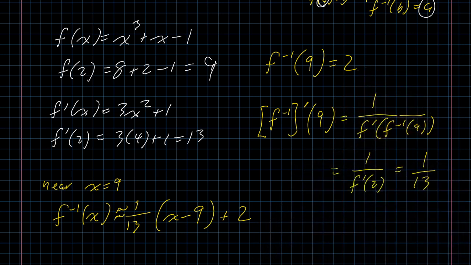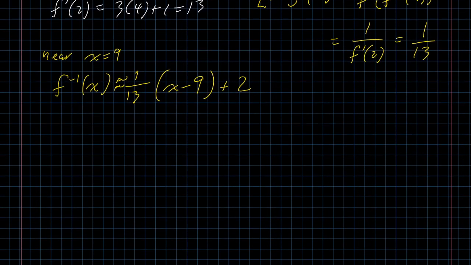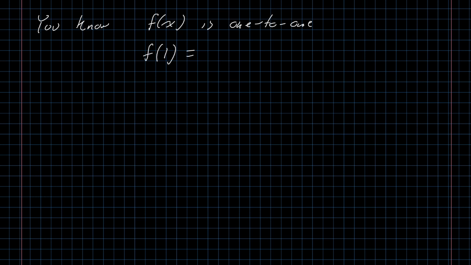All right. So that's what I want you to play around with here for a problem for you to try. You know that f of x is 1 to 1. You know that f of 1 is 3.